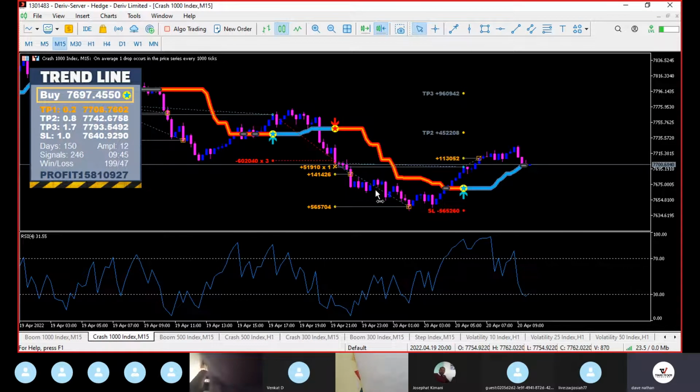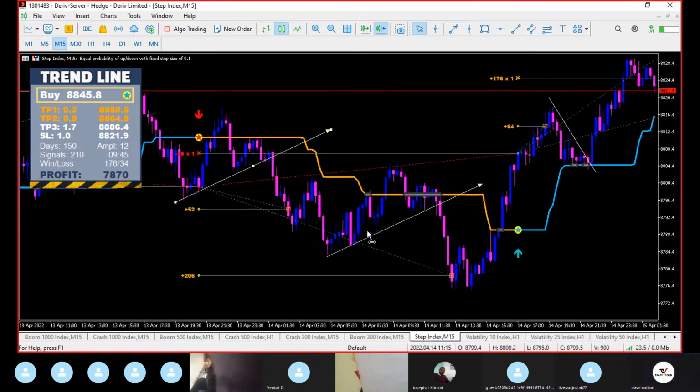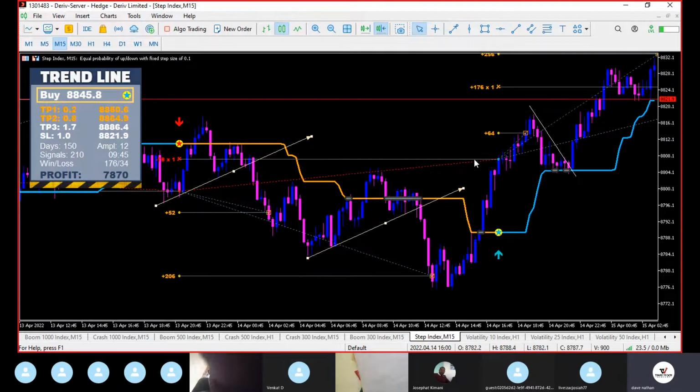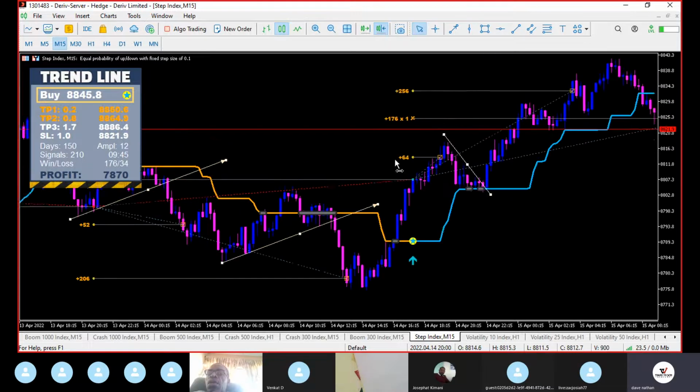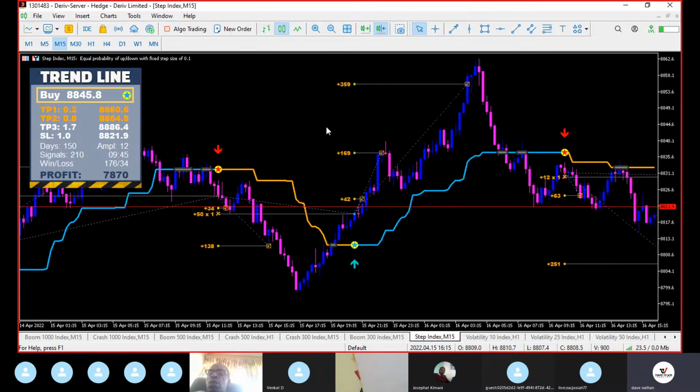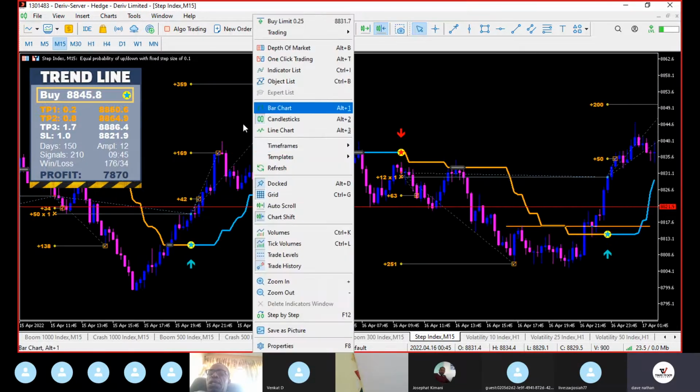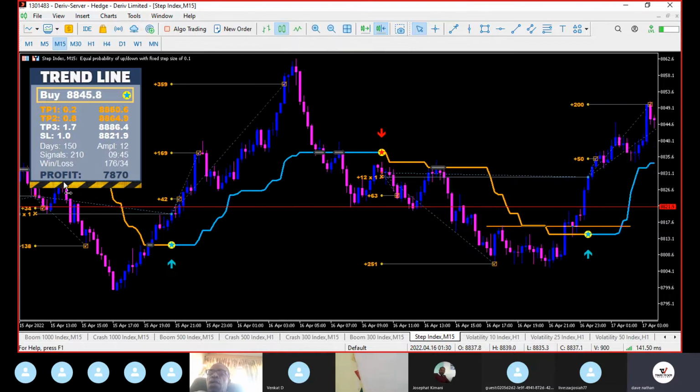We'll come to crash pairs. It's a killer on crash pairs. Let us finish with Step Index. Probably you're going to give me your own examples we can use. So this is more like we're backtesting these things.